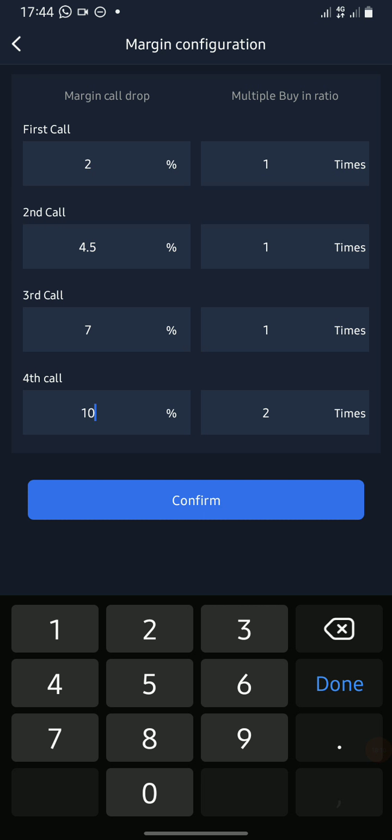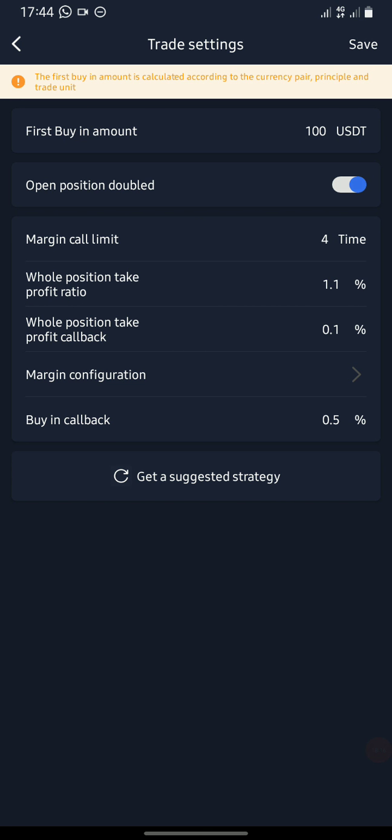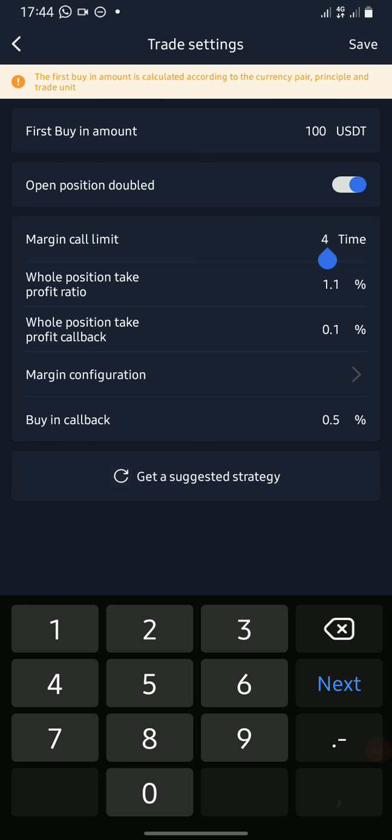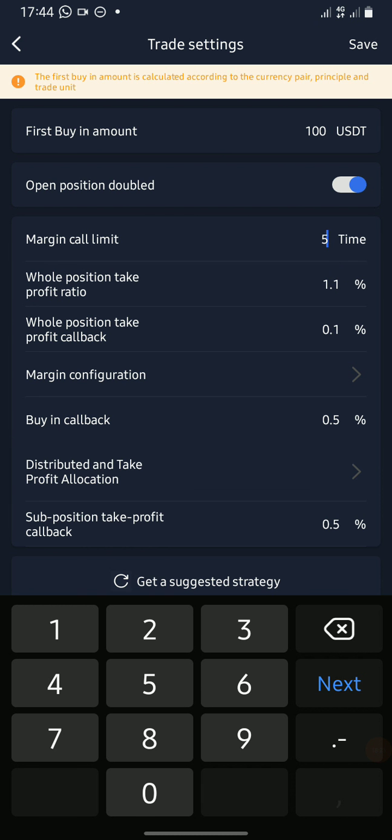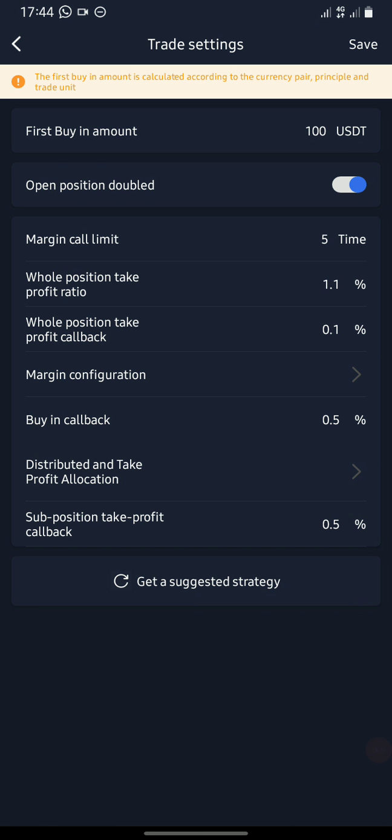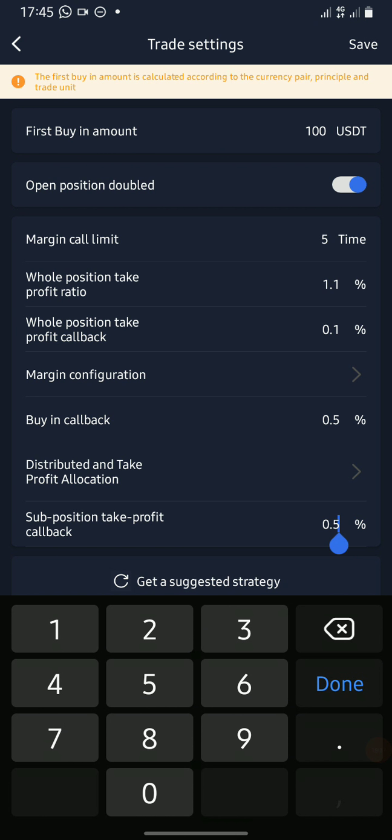Or let's say somebody with $1,000, you should go for 5 calls. Yeah, go for 5 calls. Good. 5 calls. Open position double is fine. Then here buying call. Okay. Sub position take profit callback 0.1 here.